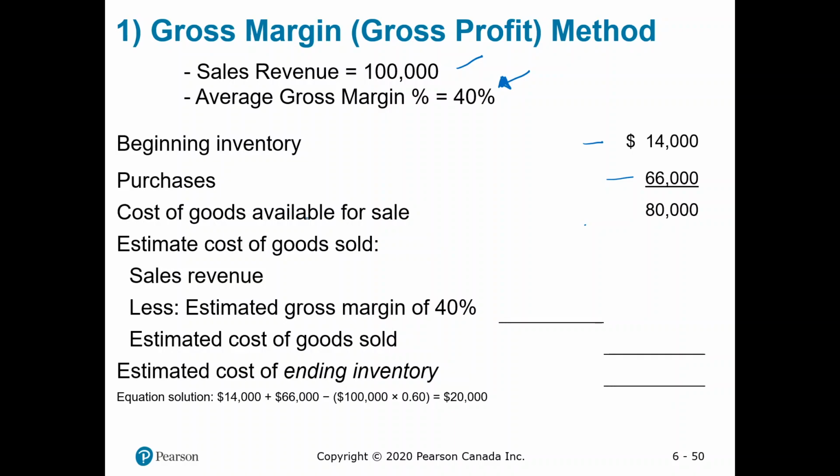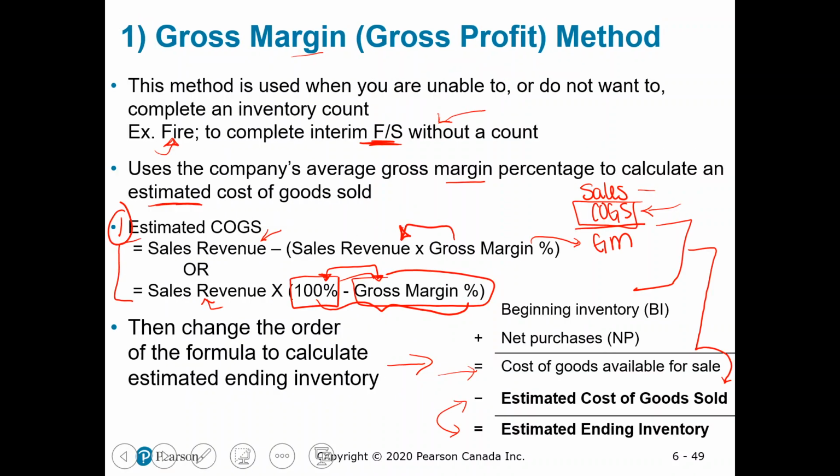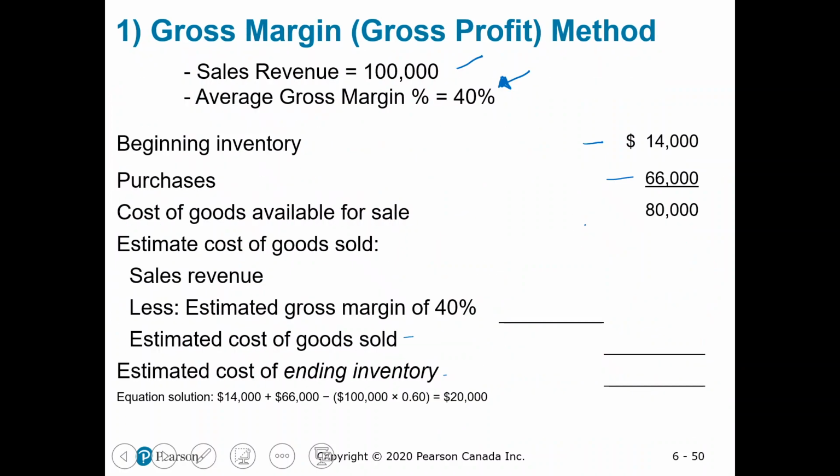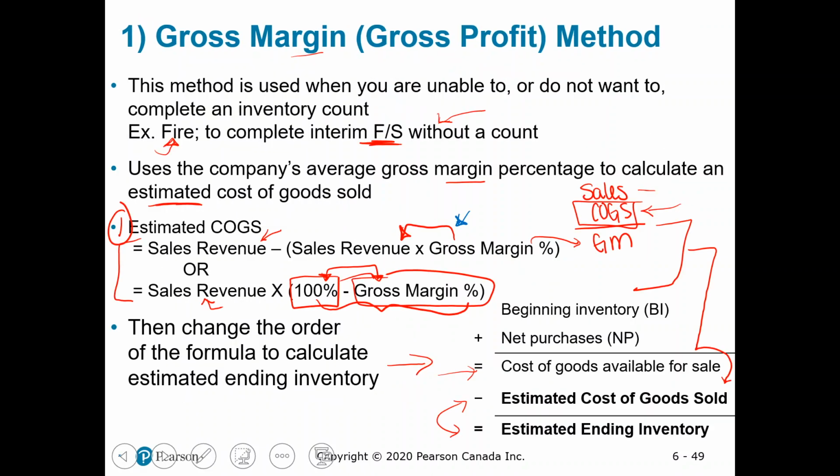Now we need to do the first step, which is to estimate our cost of goods sold. We'll then subtract that to get the ending inventory. So as I said here, we're going to use this first formula. So we have our sales revenue, which we know is $100,000. And we're subtracting our sales revenue times the gross margin percentage.